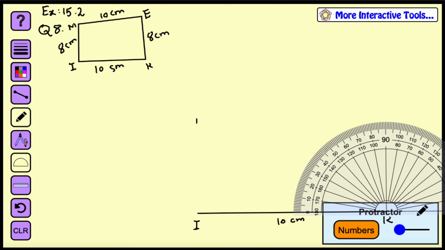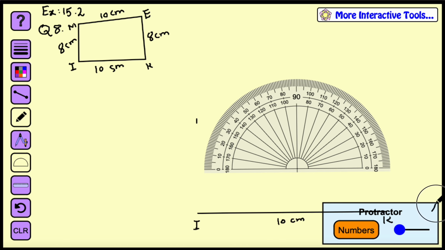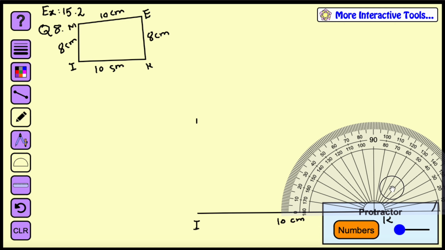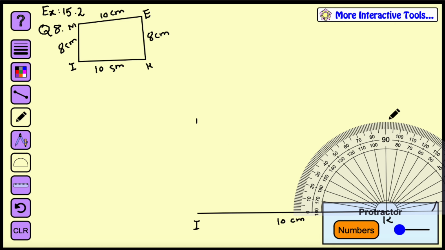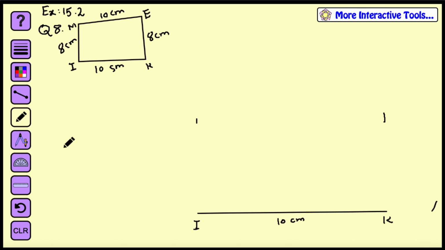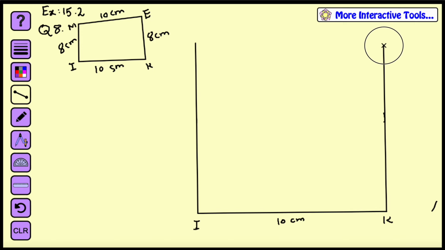Okay, so this one is 90 degree. Now draw a line. MI and EK are given as 8 centimeter.